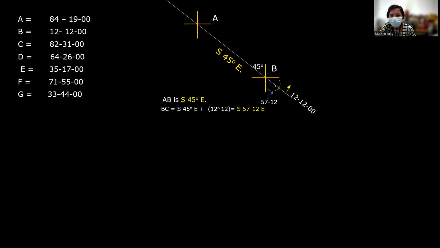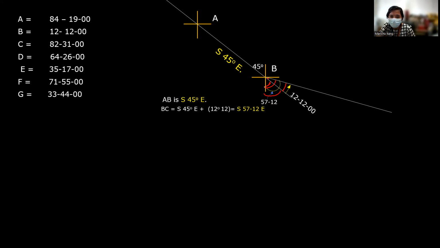So our B to C, to compute for the bearing of our line B to C, we just add south 45 degrees. Itong 45 na to, since this is 45, plus our 12 degrees and 12 minutes. Therefore, yung ating bearing ng B to C, this is 12 and this is 45.